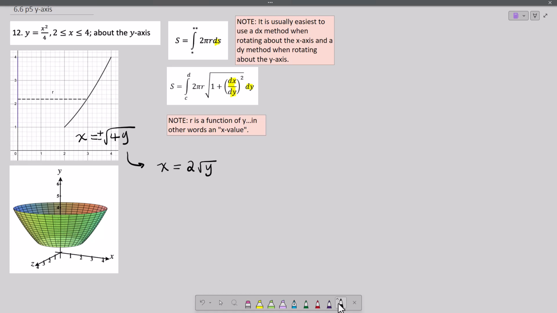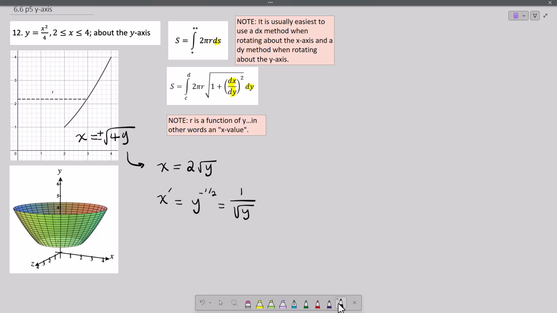That function is representing the radius. And now we have to take its derivative. So x prime, the derivative of x with respect to y. The half comes down. Half times 2 is 1, and then we get y to the negative 1/2, which we would write as 1 over root y.